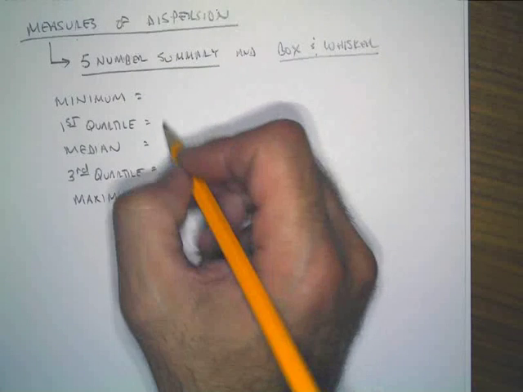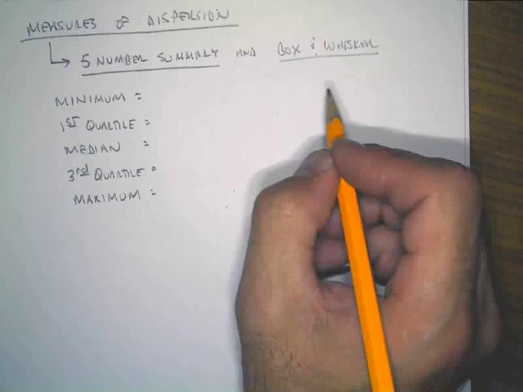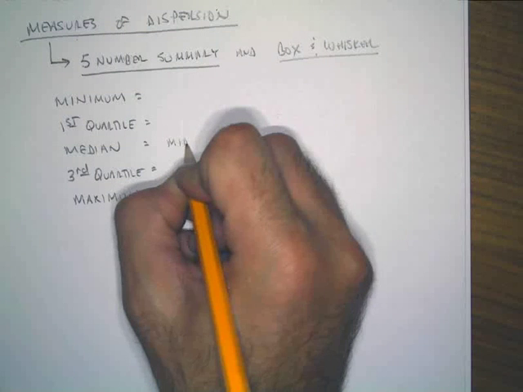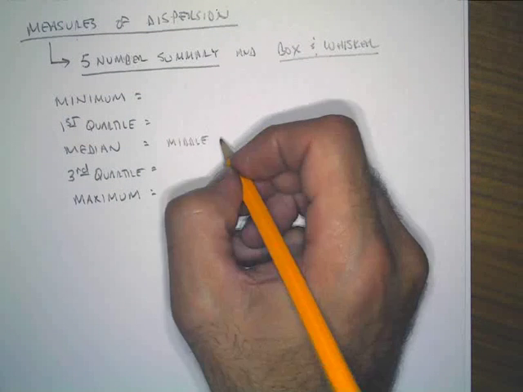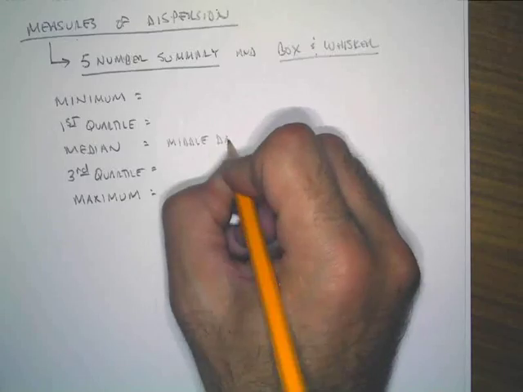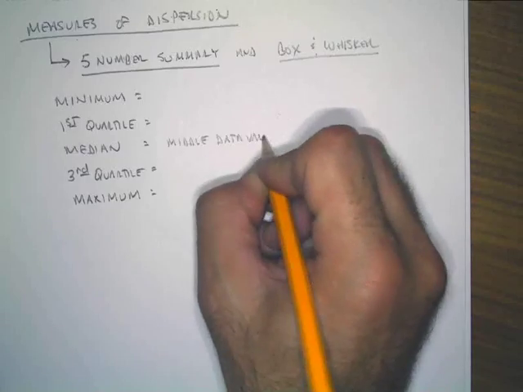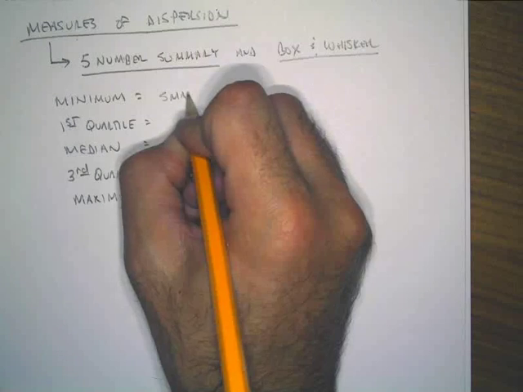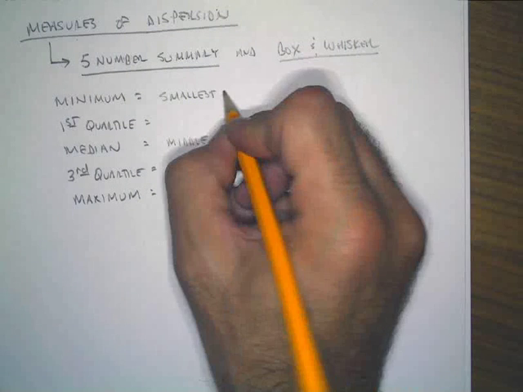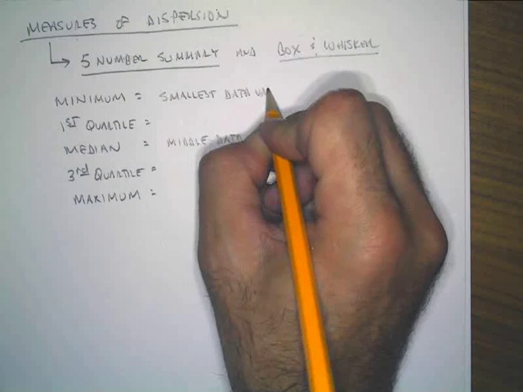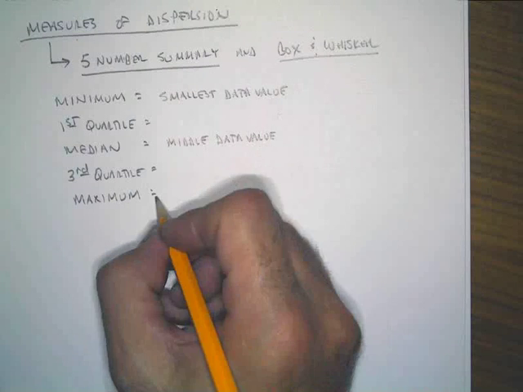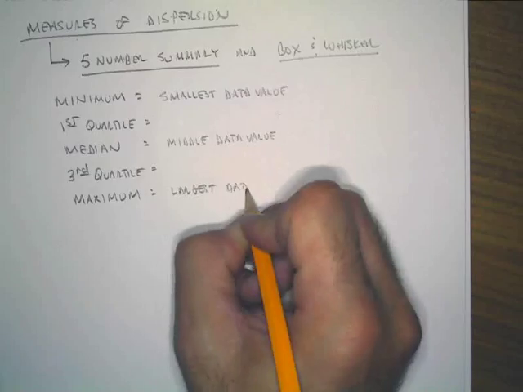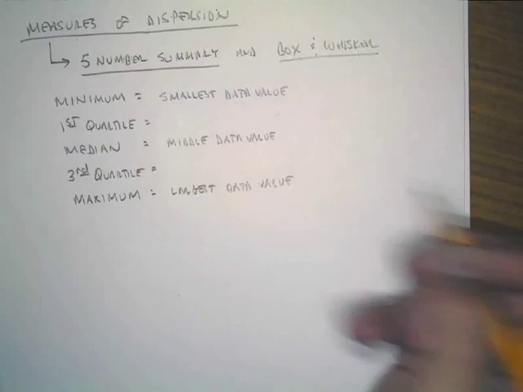So let's talk through these and explain what they are, and then I'll show you graphically on a box and whisker. You know what the median is. That is the middle value of the data. Now, the minimum is the smallest data value, and the maximum is the largest data value.